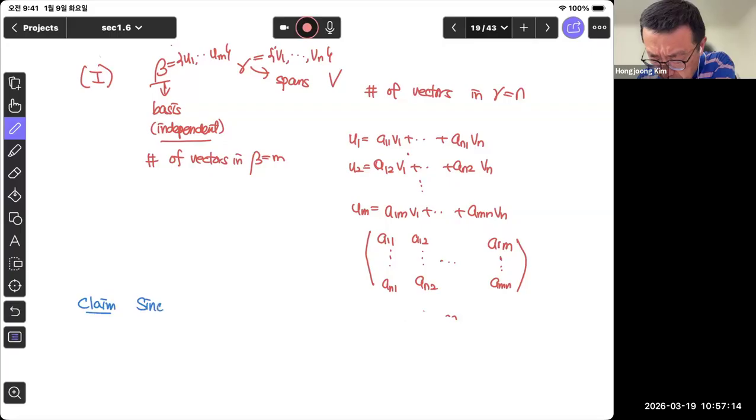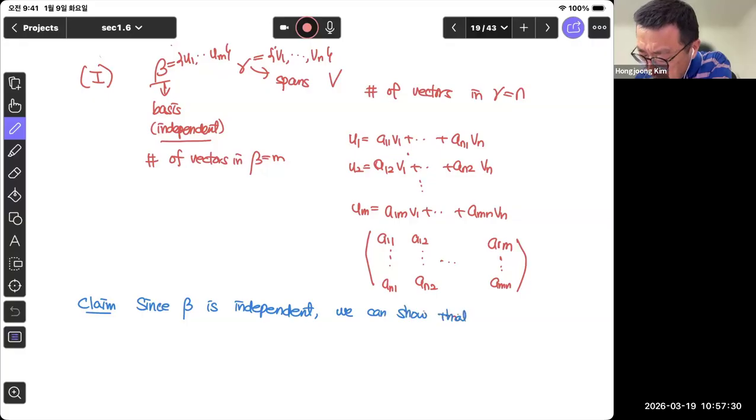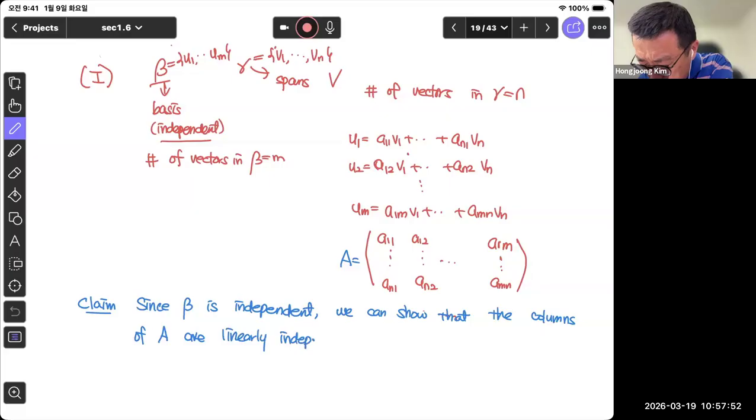Since beta is linearly independent, we can show that the columns of A are linearly independent. They are all vectors in Rn.